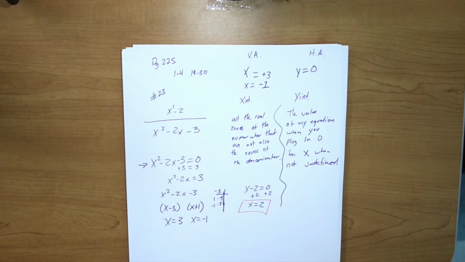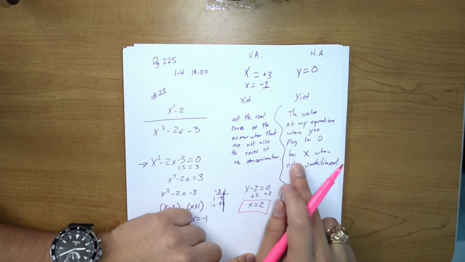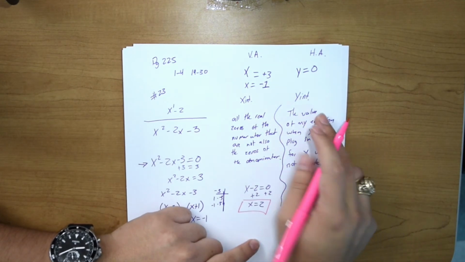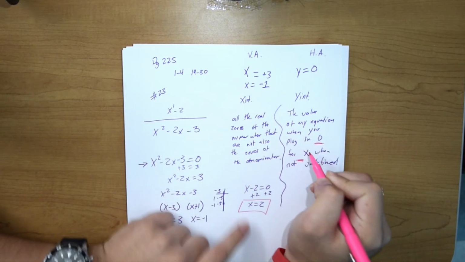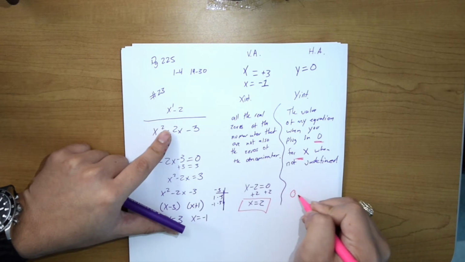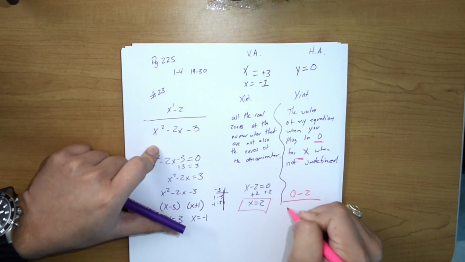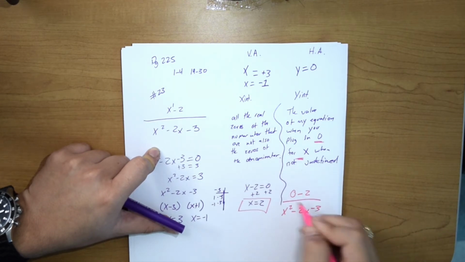What this means is that first and foremost, I'm going to plug in 0 for x in my original equation. So 0 minus 2 divided by x squared minus 2x minus 3. I'm going to plug in zeros there.